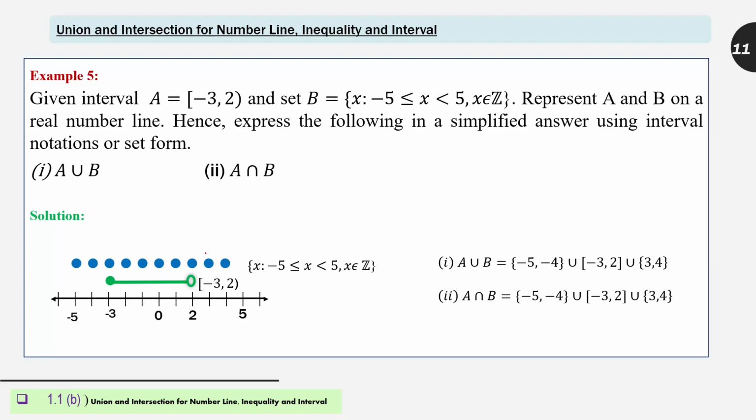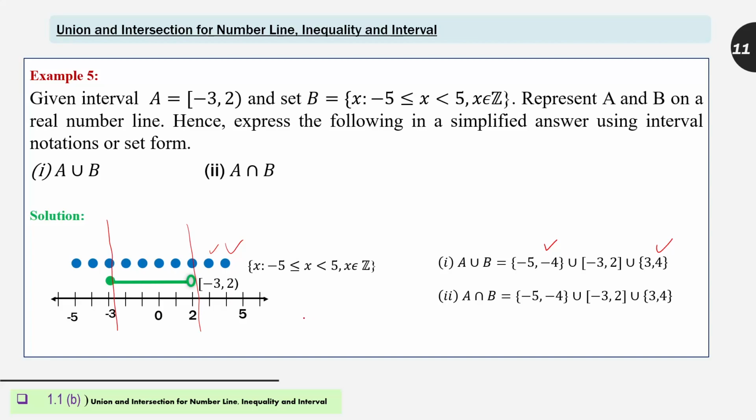So A union B. If you look here, the leftmost over here is -5, -4 only, and the rightmost is 3 and 4. And inside here is a straight line over here, so you have -3 and 2.